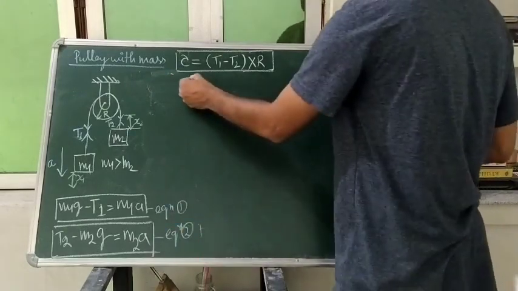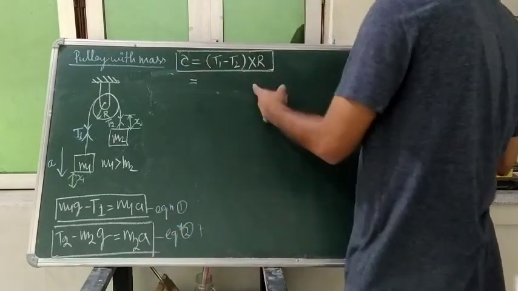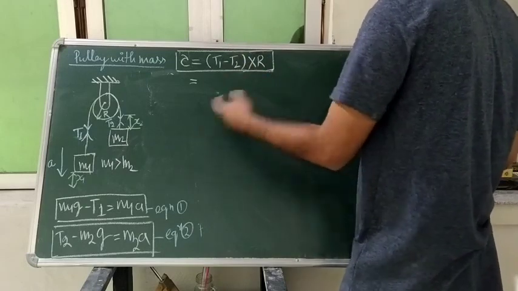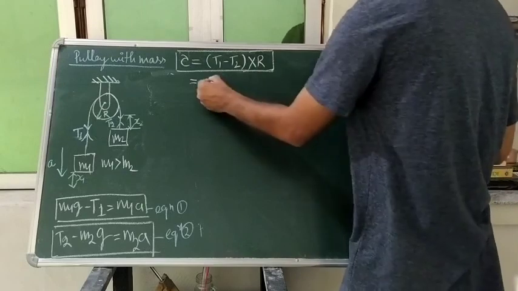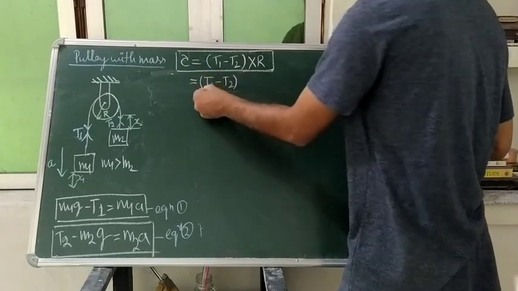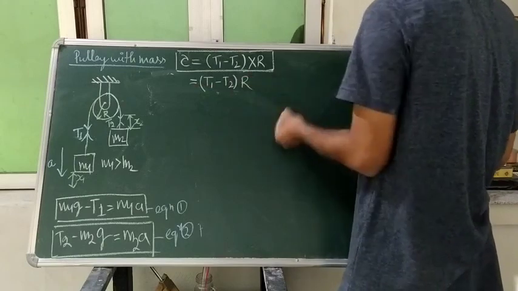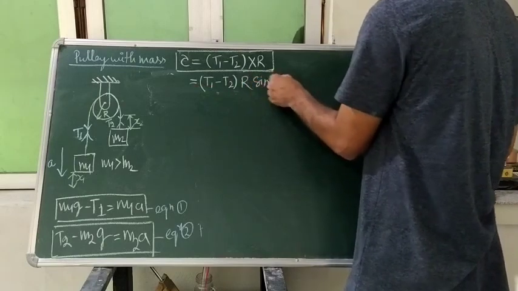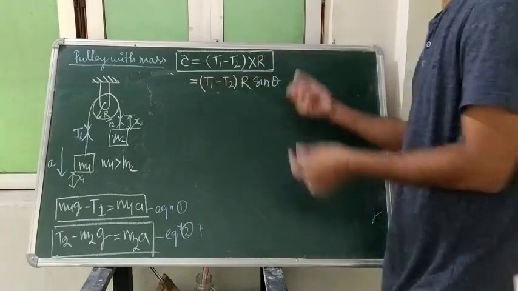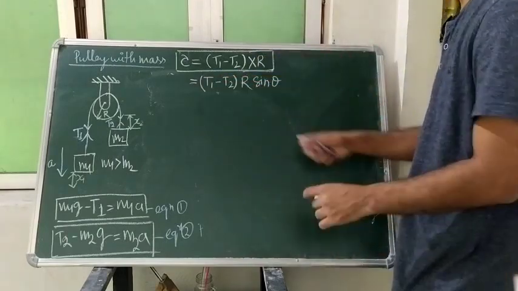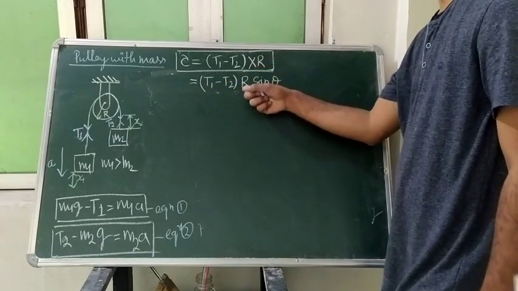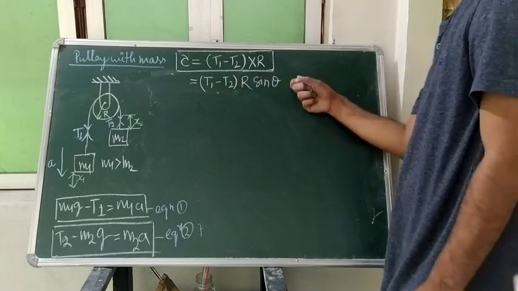For the perpendicular distance, it becomes F and D, because for the cross product it will be R sin theta. You will study these things in vectors, but for now, please do what I am going to say. T1 minus T2 cross product will become T1 minus T2 times R sin theta.